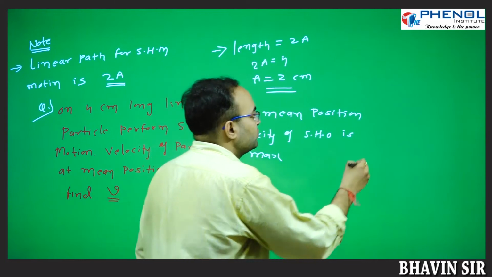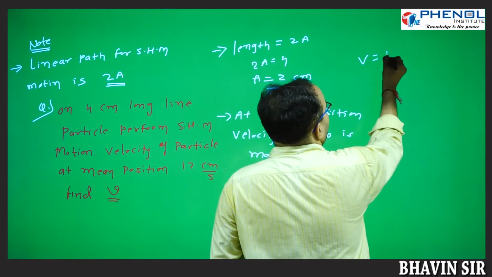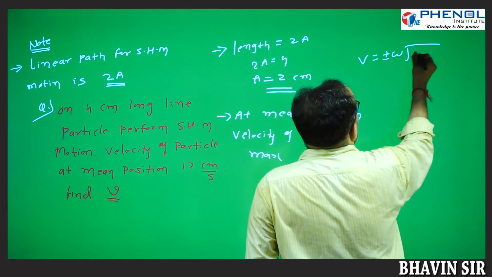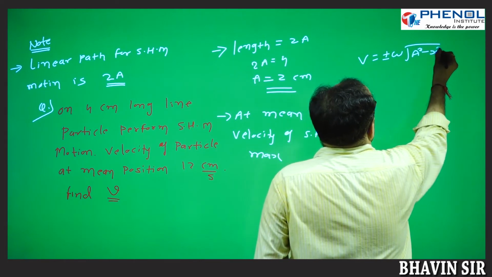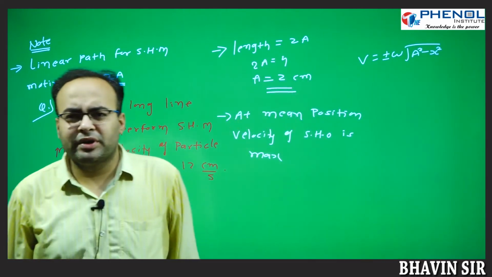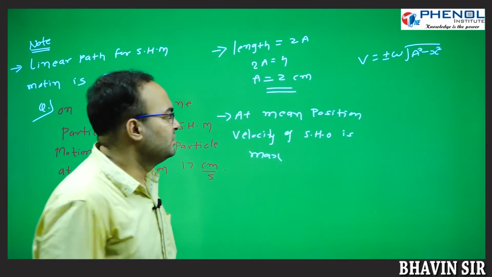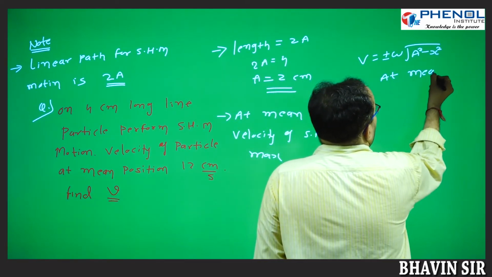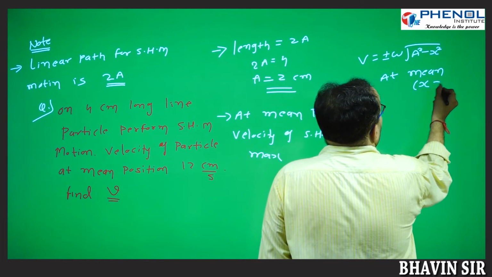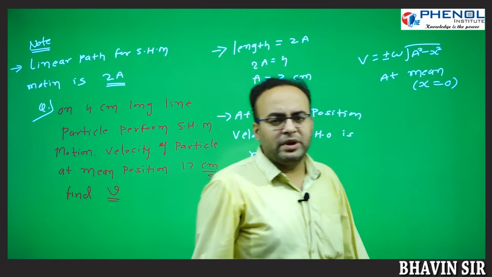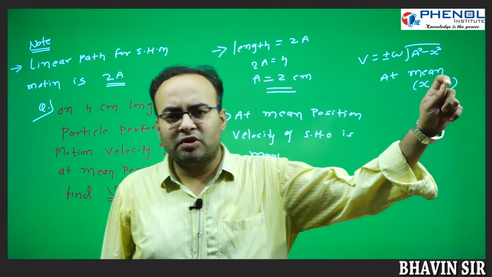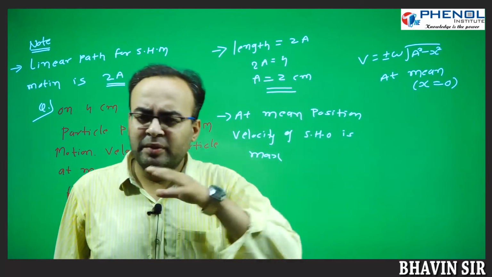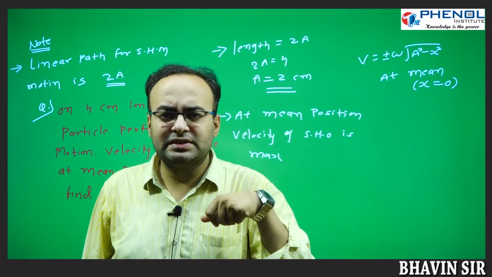We saw that velocity is equal to plus or minus omega under root a square minus x square. At mean position we take x equals to 0 because all the distances are measured from mean position.